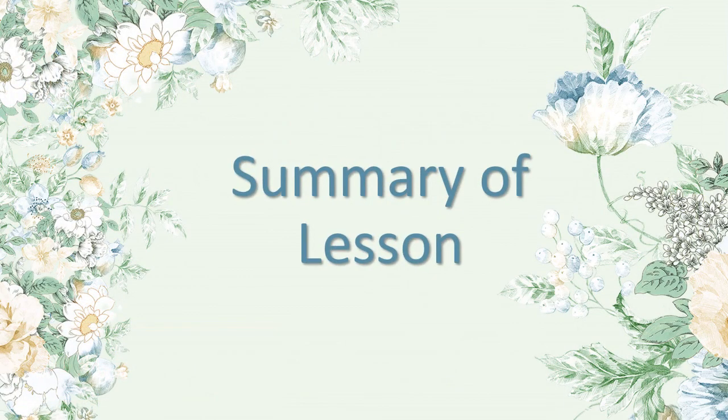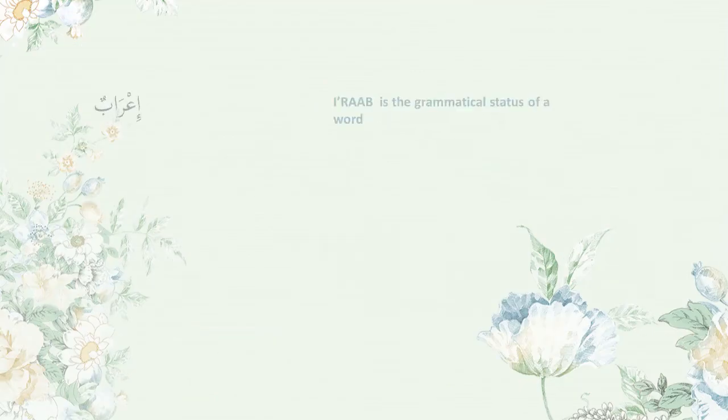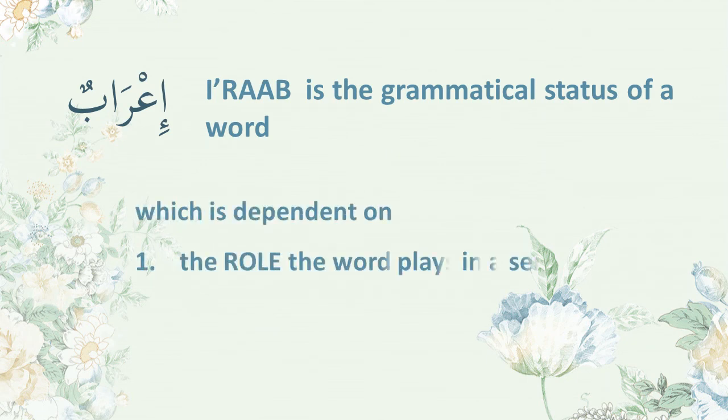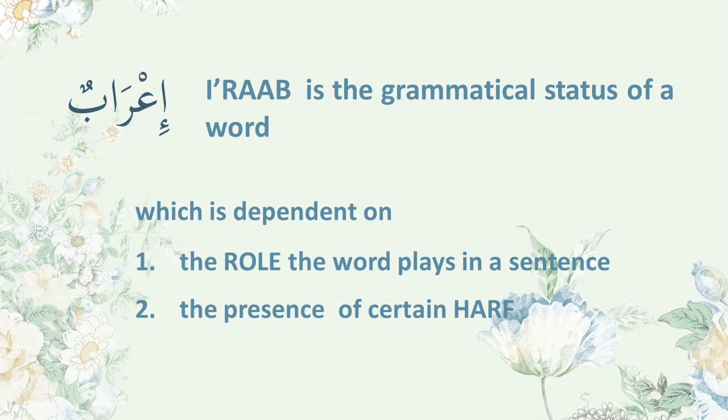Let's do a recap of what we learned today. I'rab is the grammatical status of a word. The i'rab of an isim in a sentence is determined by the role that word plays in the sentence, be it as a subject, an object, or other parts of speech. It also changes when the isim is placed after certain harf, such as harf jar.